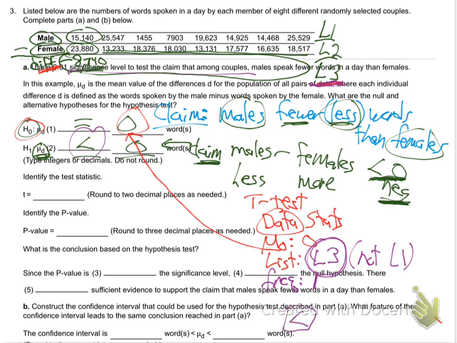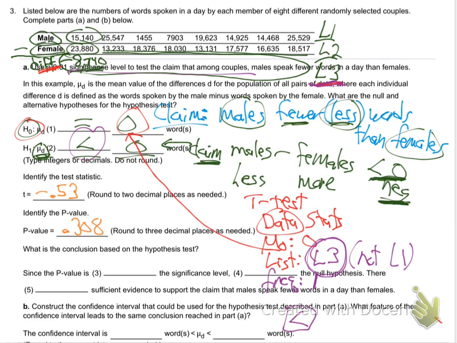Hit calculate, and I'll tell you what I'm getting here on number 3. I'm getting the t-value is negative 0.53, and the p-value is 0.308. All right, so what does that mean about our conclusion on this matter?